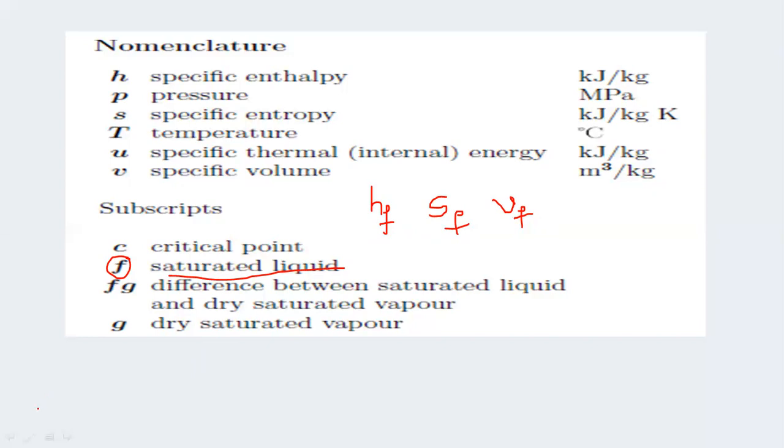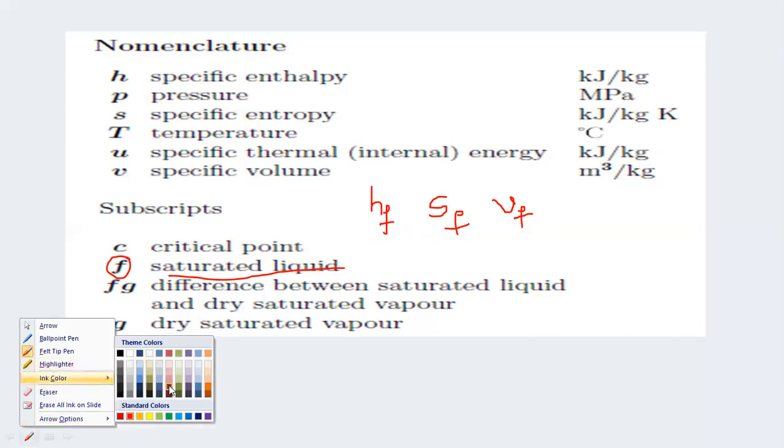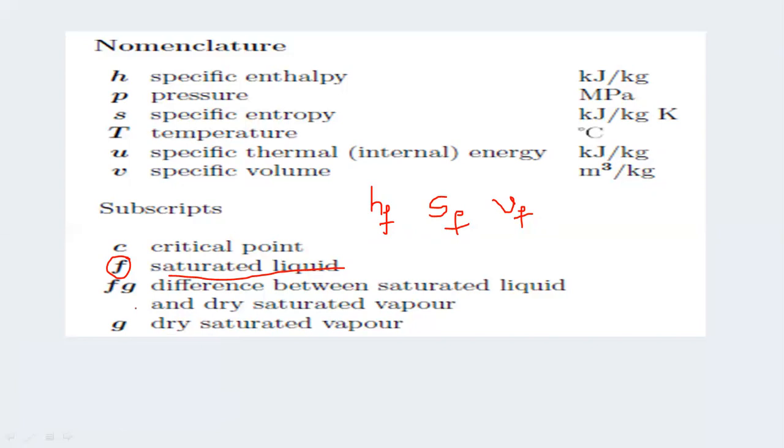Suppose a fluid changes from the fluid phase to the vapor phase, then we write the subscript fg. So what is this fg? It is the difference between a saturated liquid and dry saturated vapor. When the fluid is in this stage, that is conversion from the fluid phase to the vapor phase, the specific enthalpy we write as hfg.